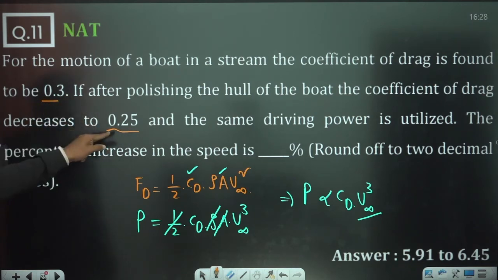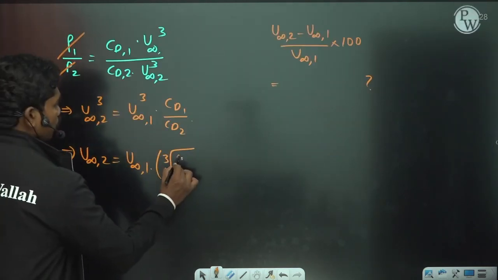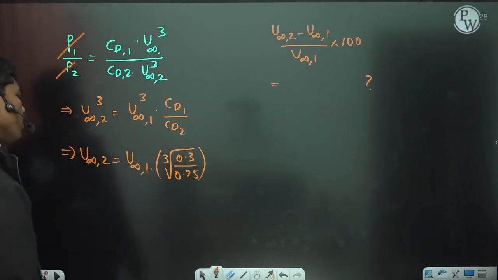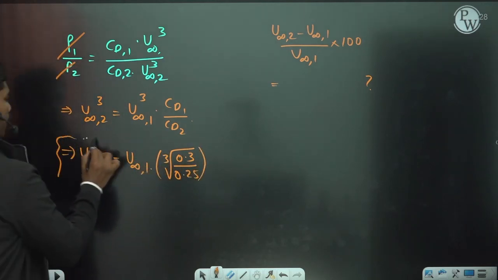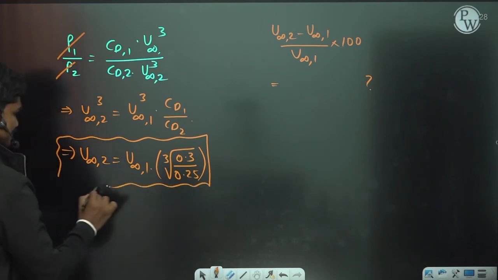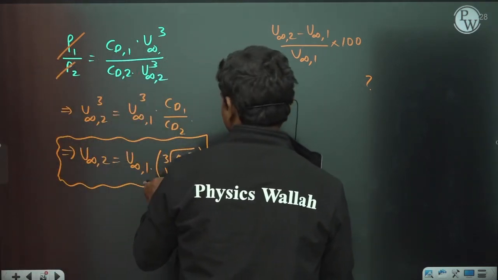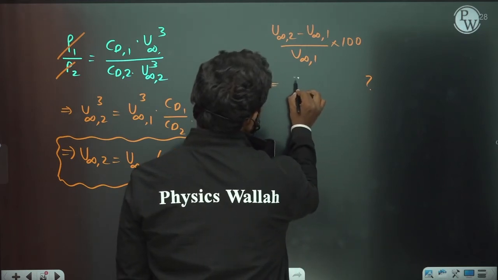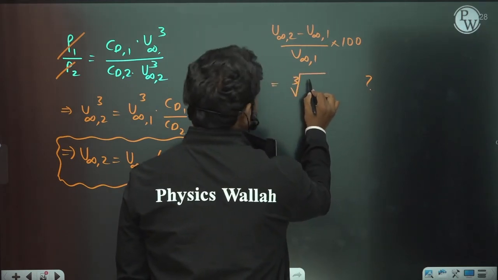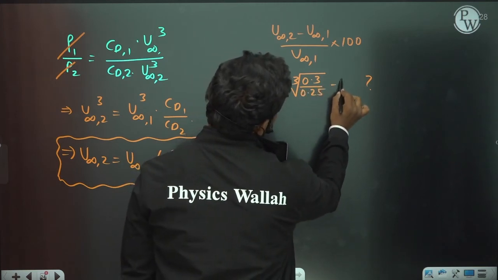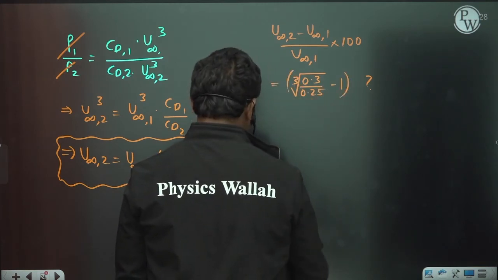So what is the value of C_D1 by C_D2? In first case 0.3 and in second case 0.25, so 0.3 by 0.25. This is the relation. If you substitute here, u infinity 1 into cube root of this, so finally you will get cube root of 0.3 by 0.25 minus 1, into 100.